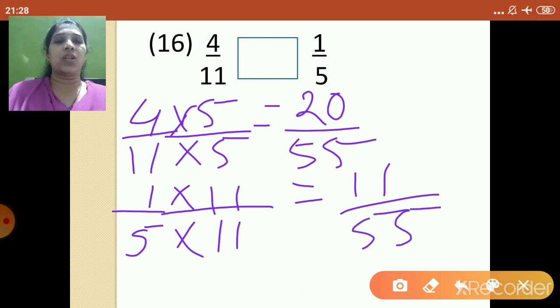So you can see children, you have got the like fraction as 20 upon 55 and 11 upon 55. So 20 is greater than 11. So 20 upon 55 is greater than 11 upon 55. So therefore 4 upon 11 is greater than 1 upon 5.